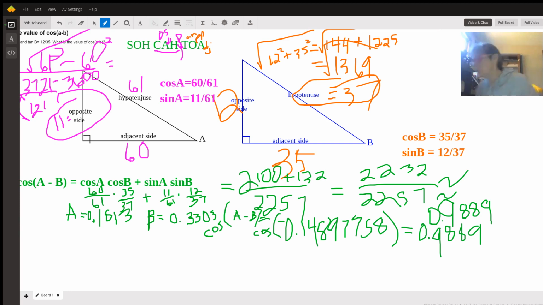Now, the last thing I want to do is make sure that that fraction doesn't reduce. Nope, that's as reduced as it gets. And I'm pretty sure that your teacher or professor is going to want the exact answer. So that means this is the answer that should be given.